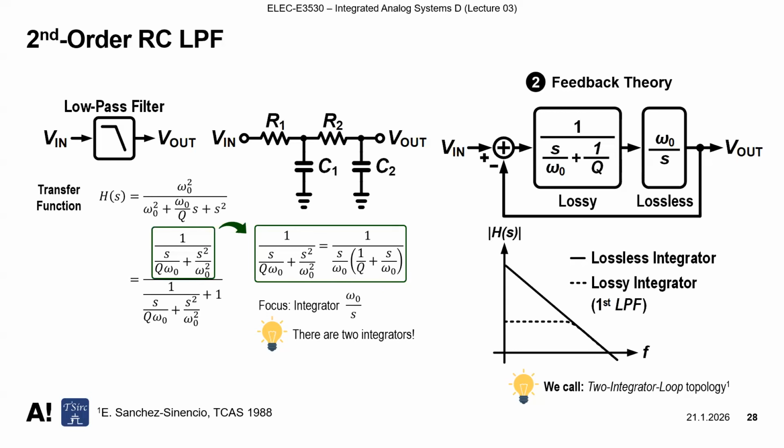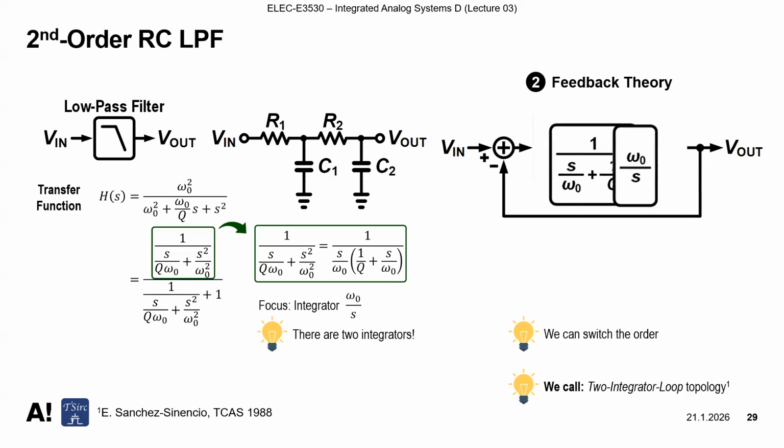It's exactly the same as the first order low pass filter equation, and we call this architecture the two integrator loop topology. It was published back in 1988 by Professor Sanchez-Sinencio, I think from Texas A&M University. It has been very popular and has affected many areas of low pass filter design.